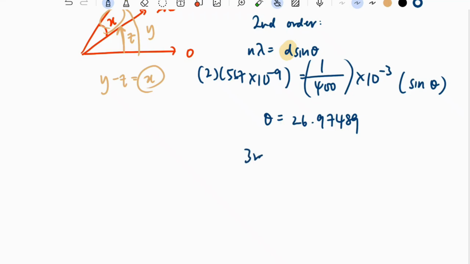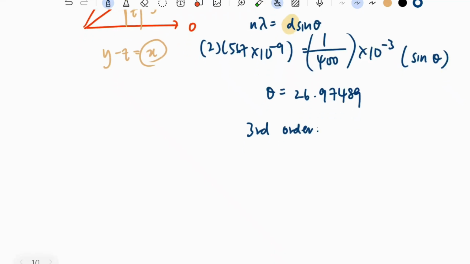Check. Okay. Now third order, same step, the only thing that is going to change is your n value.